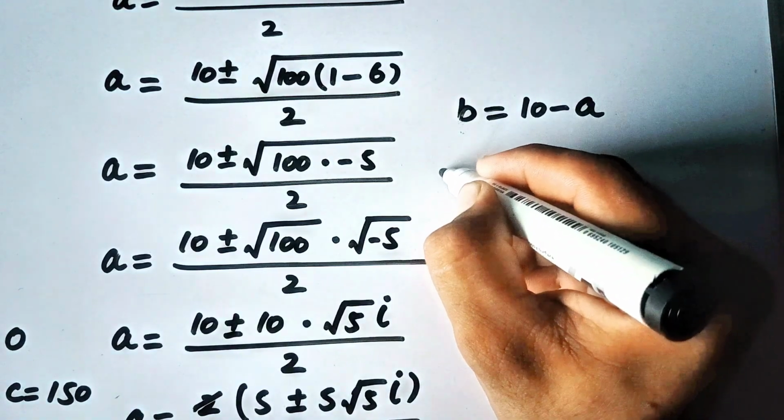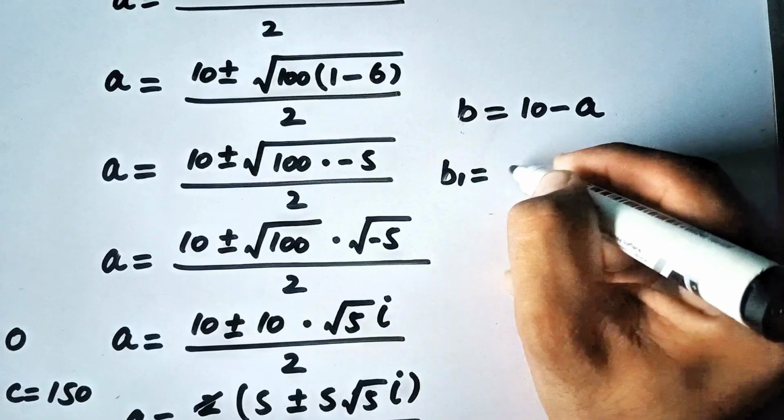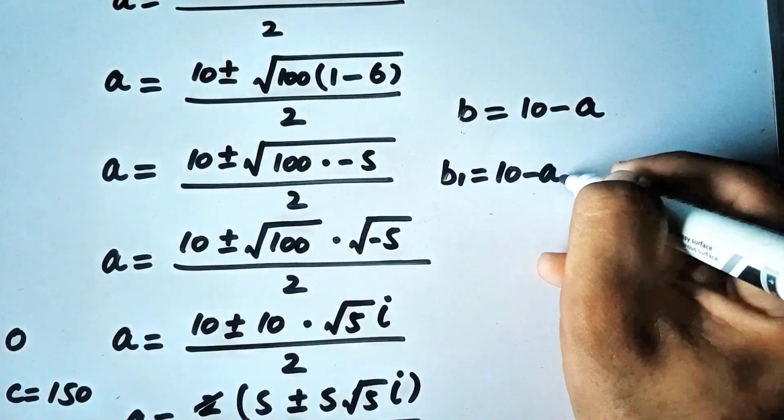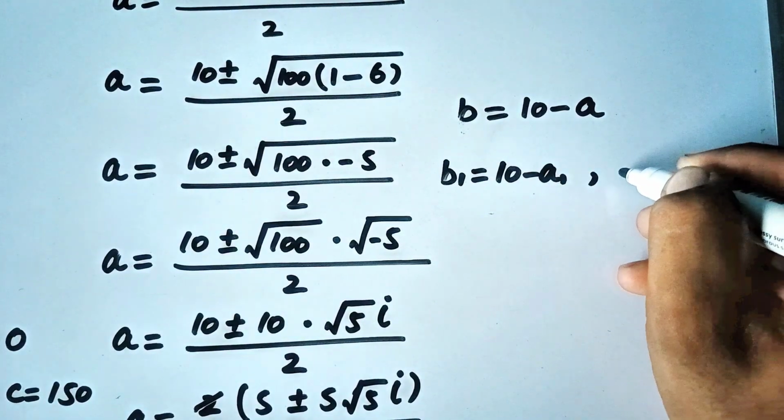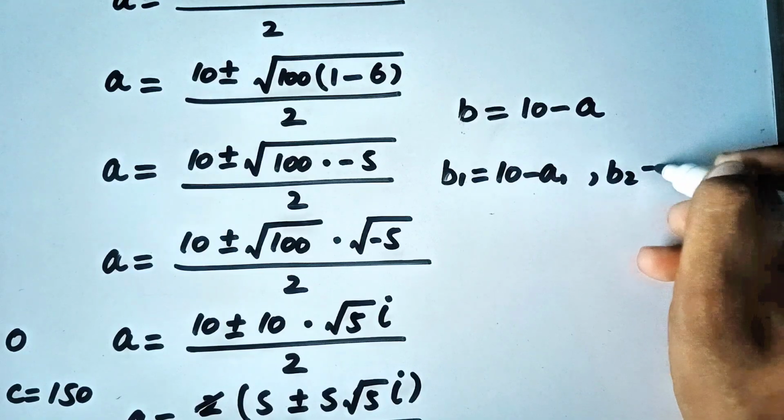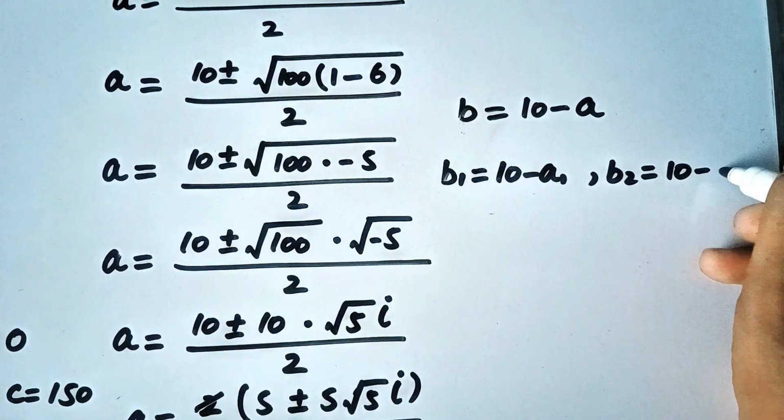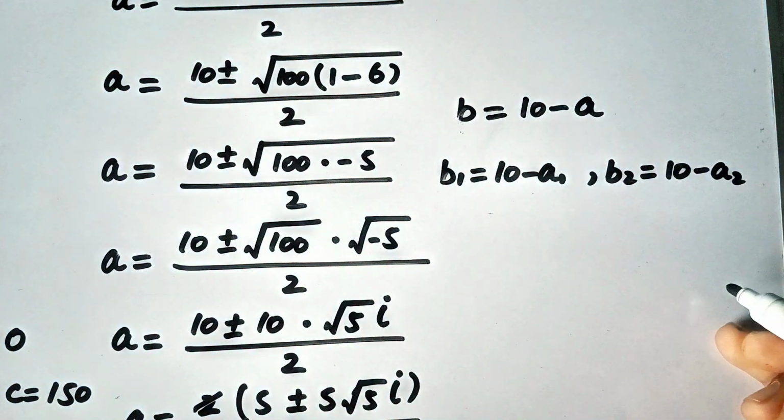So here b1 will be equal to 10 minus a1 and b2 will be equal to 10 minus a2.